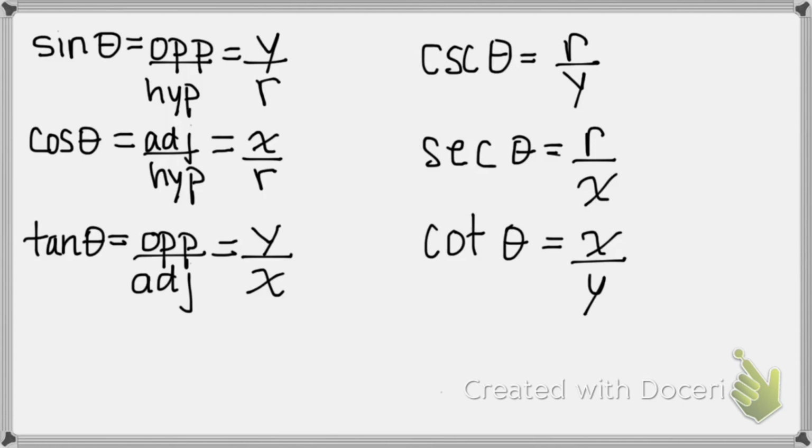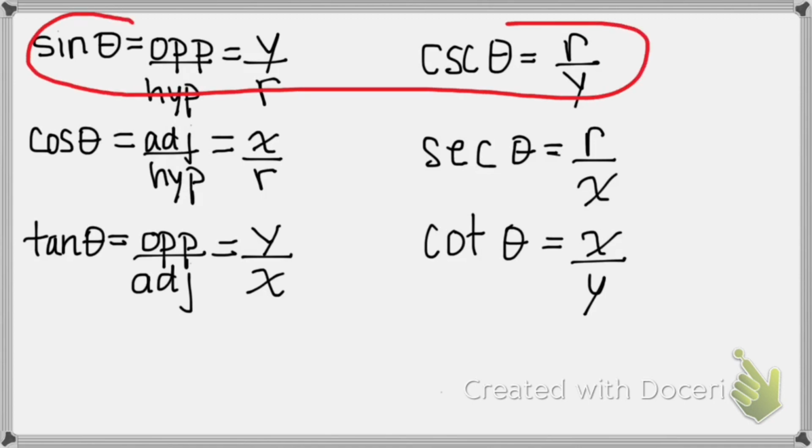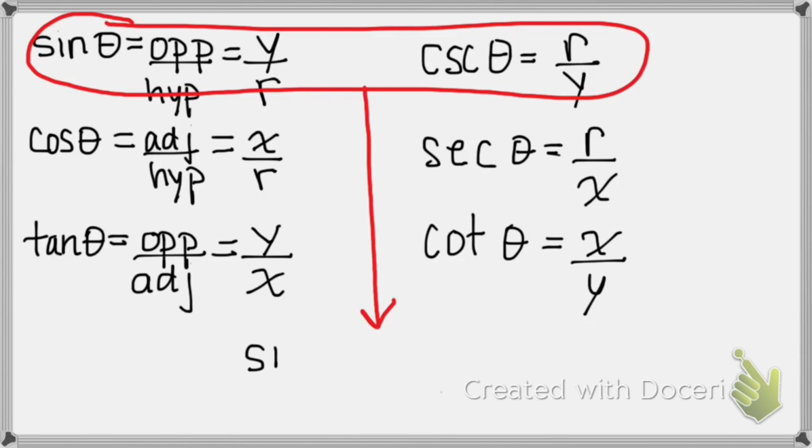One other thing I'd like to point out is, for each of these reciprocal functions, looking at sine and cosecant, since they are reciprocals of each other, I can make another statement that can sometimes be useful. Since sine of theta is the reciprocal of cosecant theta, the sine of theta is equal to 1 over cosecant theta.